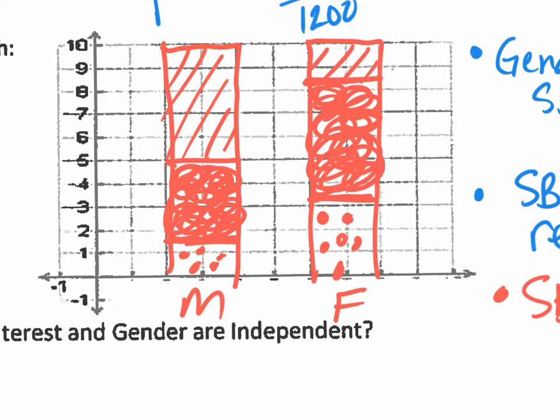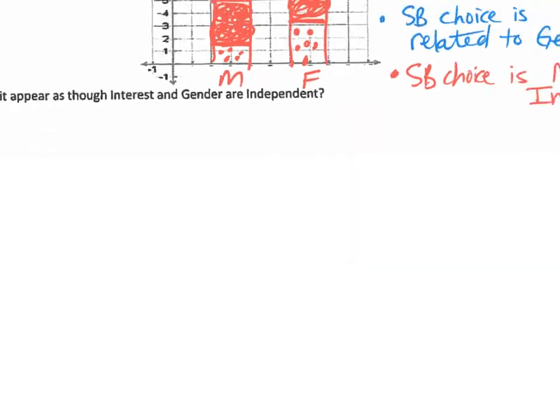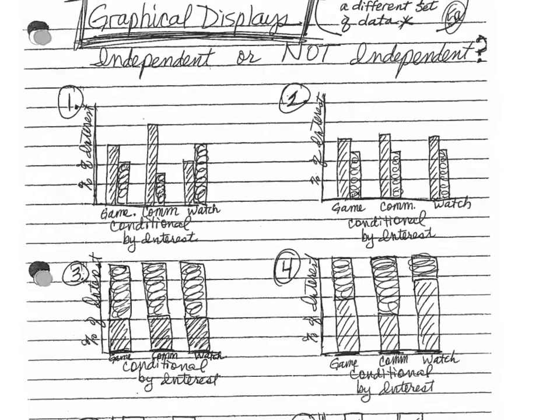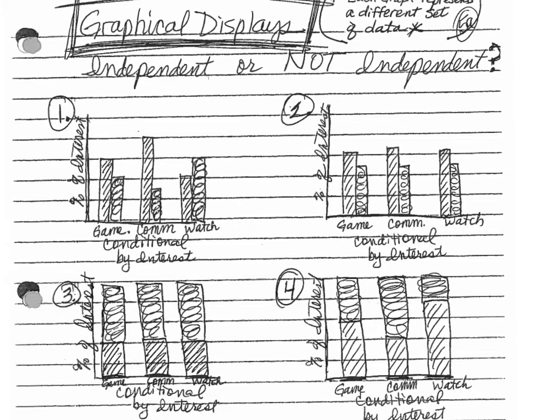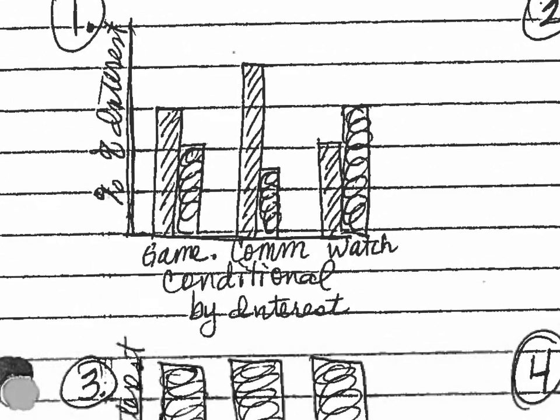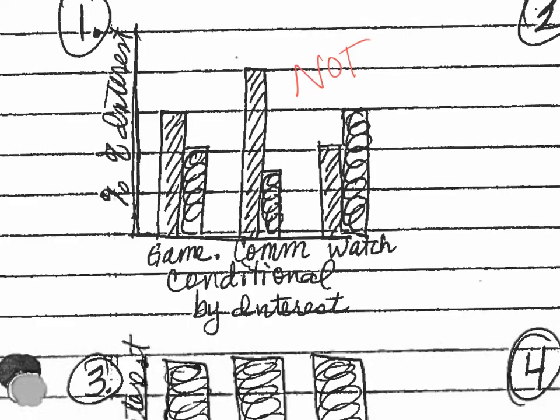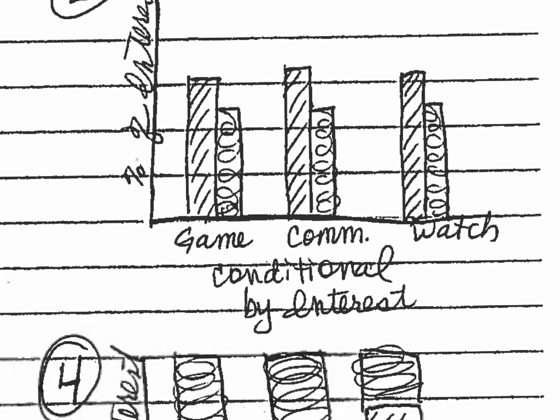Okay, so let's take a look at this set of pictures right here real fast. Okay, so here, number one, would those two things be independent? Take a look at those guys right there. Are they independent, or does the fact that you're one thing look like it's changing the rate? It's changing, so that means not independent. Okay, good. Number two, looky here. There's 40% of females in the sample and 60% of males in the sample. So consistently, it's 40% for females and 60% for males.